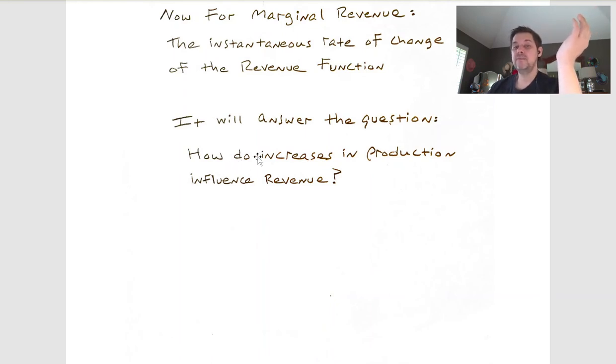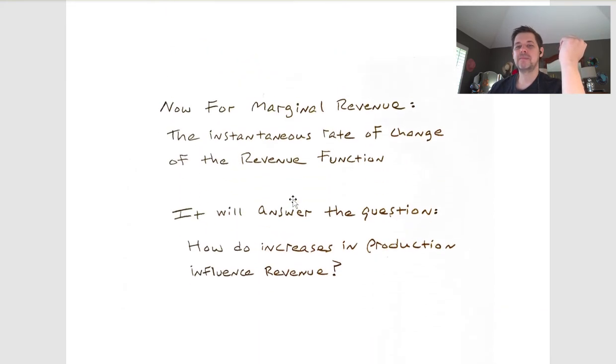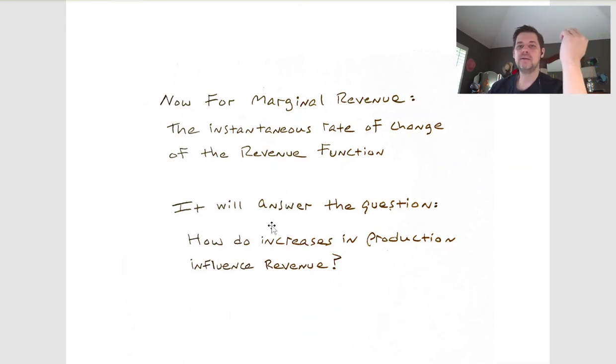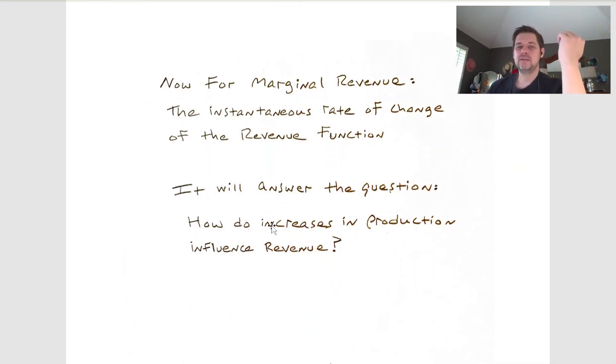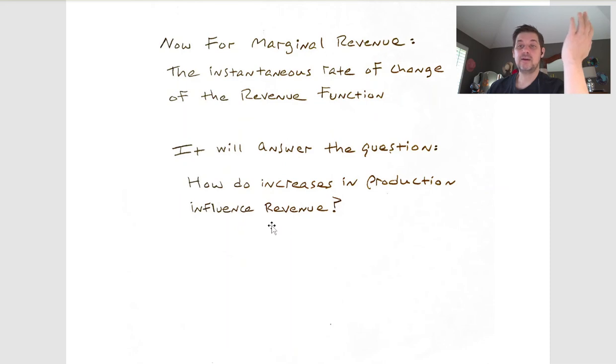Maybe if we increase production, we'll increase revenue. Maybe revenue would decrease if we get to some kind of diminishing return situation. That's the way economists like to talk about factors that influence revenue and costs and so on.